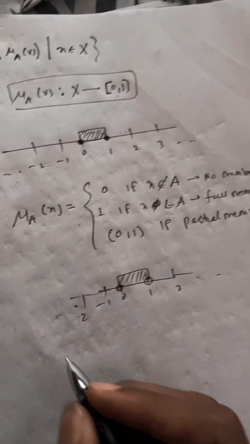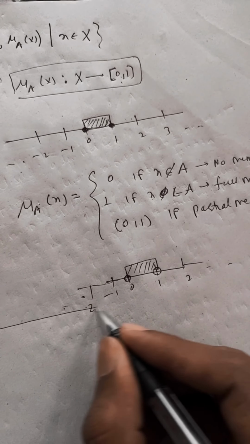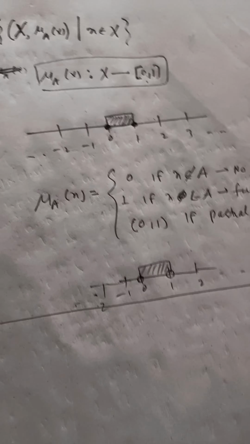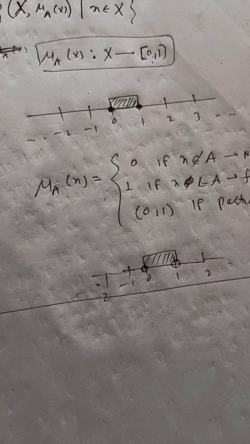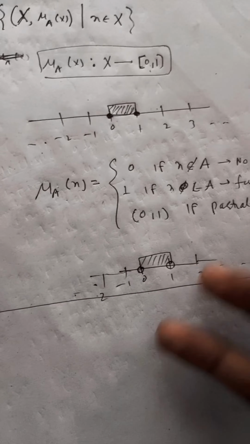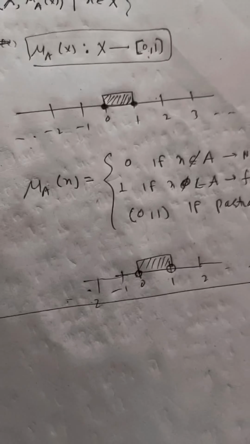Now we can go and ask the geometrical question where we impose a fuzzy set on the Euclidean space and see what happens.